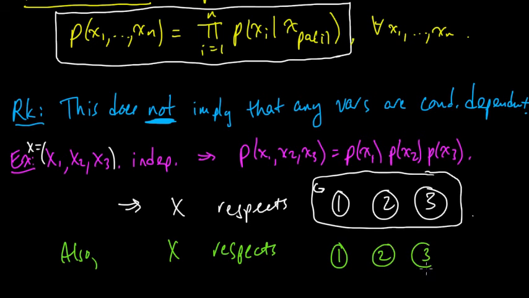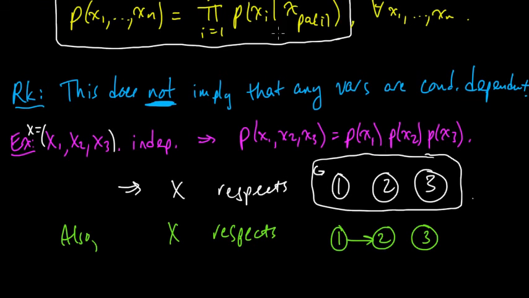We can add any edges we want. If we add this edge, we need it to still satisfy this, so we would need the factor probability of x2 given x1 to be equal to the probability of x2. And that's exactly true, since x1 and x2 are independent by assumption. And so it also respects this graph.